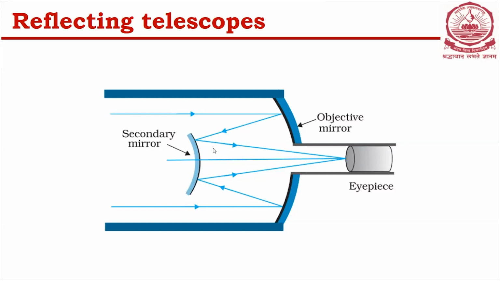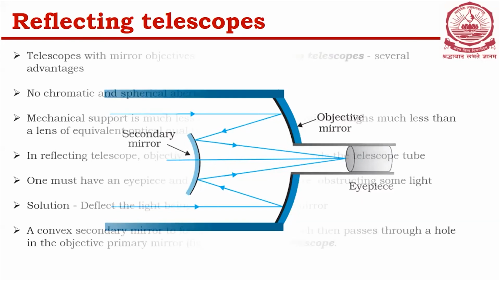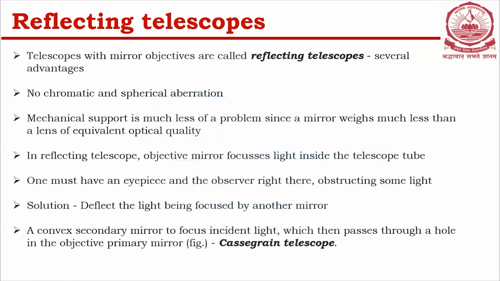So in order to avoid that, we can use a secondary mirror, so that after reflection from the secondary mirror, the light will pass through this eyepiece. Okay, so most of the light will pass through the eyepiece. So this is what reflecting telescopes are. And the magnification of a reflecting type telescope, as of a refracting telescope, is f naught divided by fe. That's what we have seen, I think.